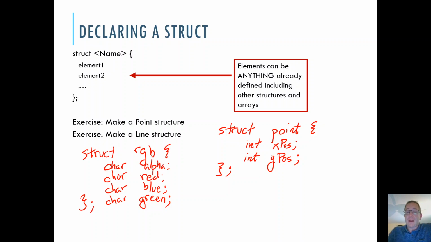So by the way, I said RGB could just be a number. Here's RGB defined as one character or one byte of data for the alpha, the red, the blue, and the green. I could make a structure which is the RGB value, and I could have it be exactly 0 to 255, 0 to 255, 0 to 255, 0 to 255, right?